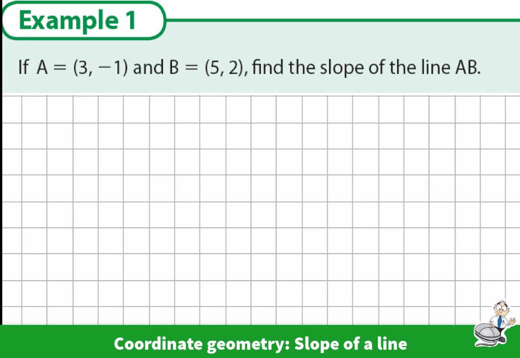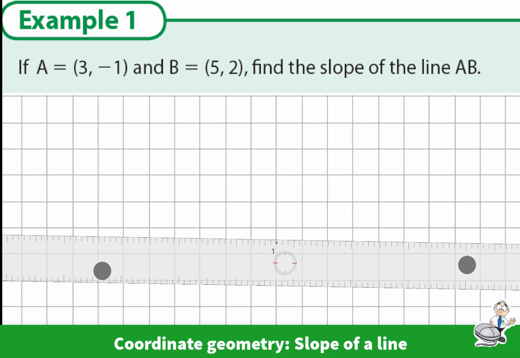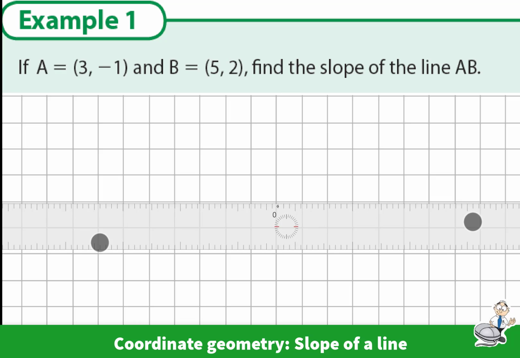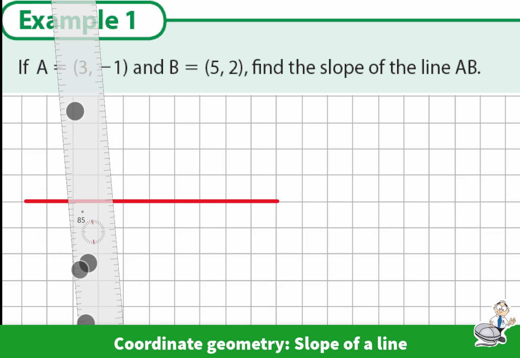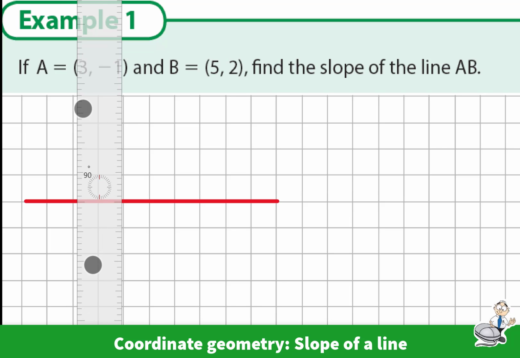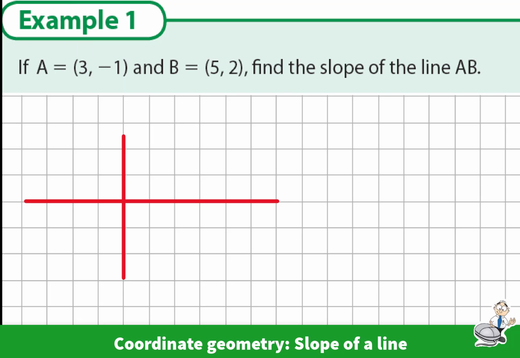So what I would expect you to do first would be maybe just to draw an x and a y axis. So it's going from 3 to 5. I'm going to draw this a little bit, see what it looks like. So I'm going to draw an axis here, and -1 to 2. It doesn't go up very high. Okay, so I'm drawing an x and a y axis, and a diagram of the 2 points.